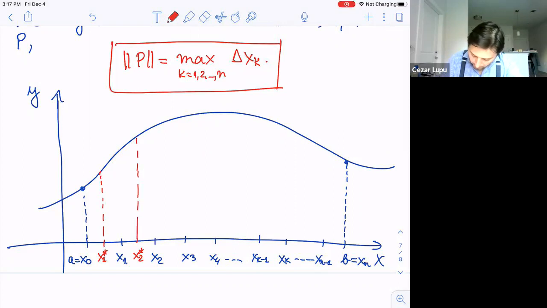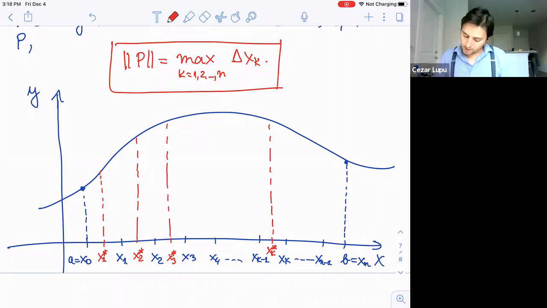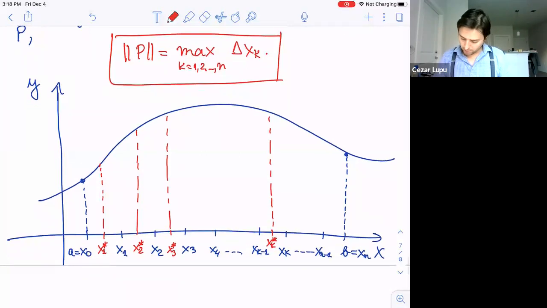And then here I have an x3 star. And I keep going. And then here I have an xk star, right? All right, and the last one I have here is an xn star, and so on. So these are the numbers.